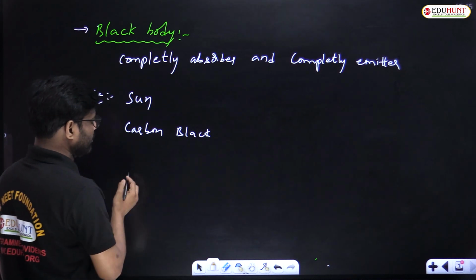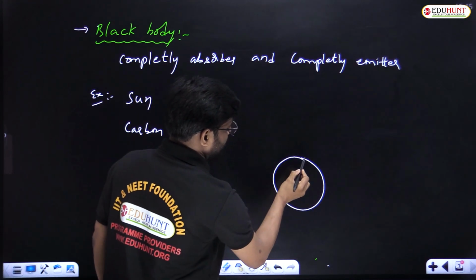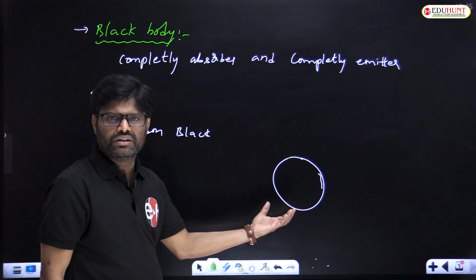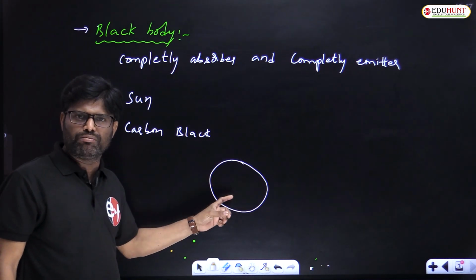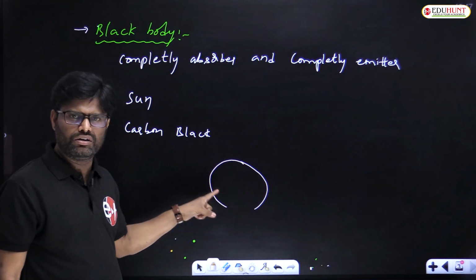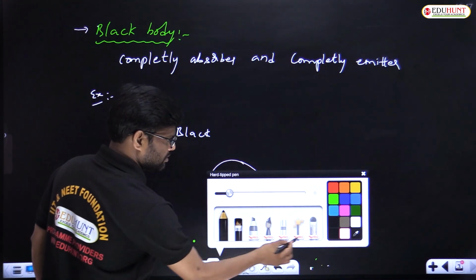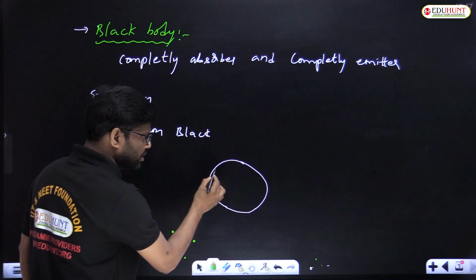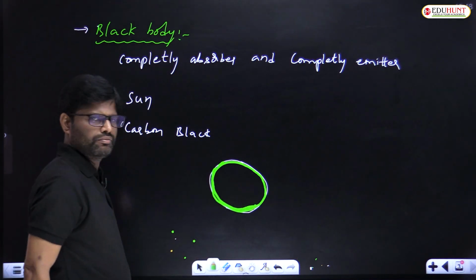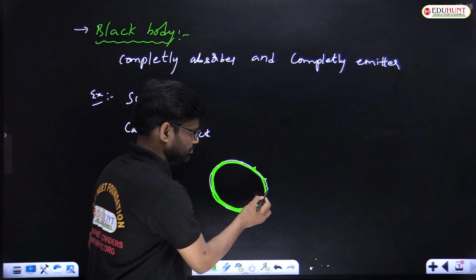Next, third one, the hollow sphere, inside coated with platinum black, which is having a small hole on the wall, like this.